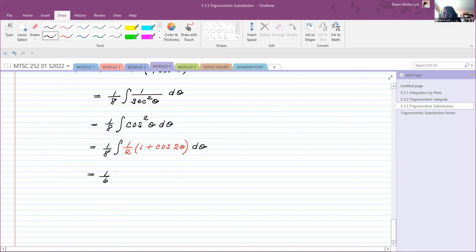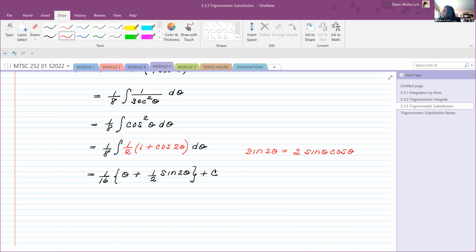And then when we integrate, we're going to get theta plus 1/2 the sine of 2 theta plus a constant. And so now I have to give you a new rule. The sine of 2 theta is 2 times the sine of theta cosine theta.